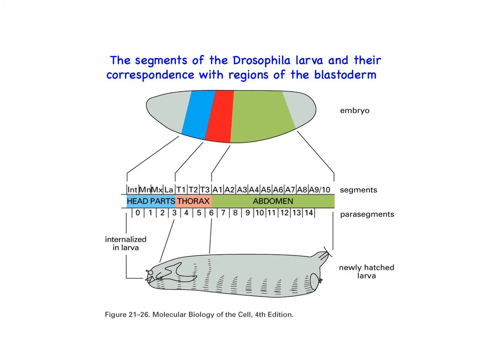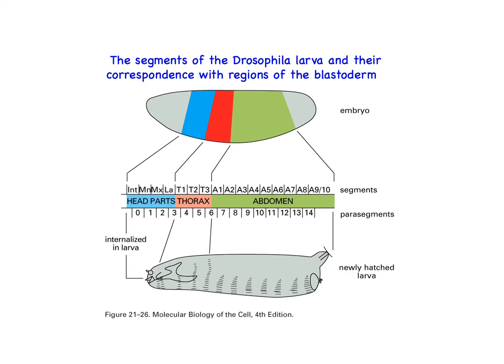So parasegments are offset from segments by a half. The segments being defined by morphology, whereas the parasegments defined by function or by genetic means.